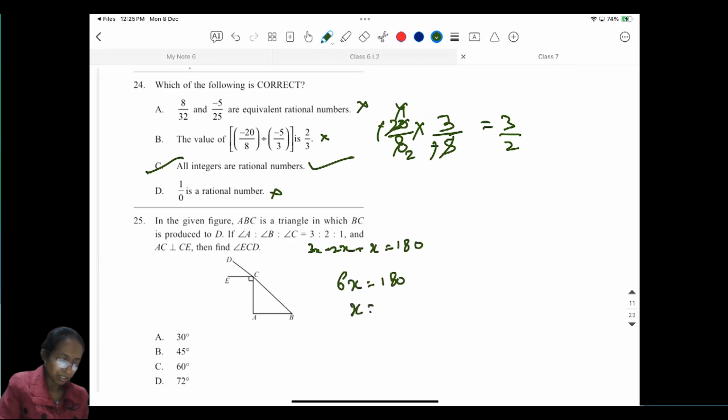That means x is 30 degrees. So angle A is 90 degrees, angle B is 60 degrees, and angle C is 30 degrees. And EC and AC are perpendicular. So this is 90. This angle ECD is 60 degrees, because BD is a straight line.